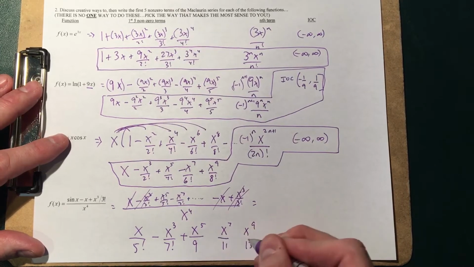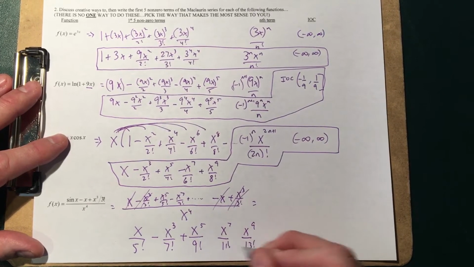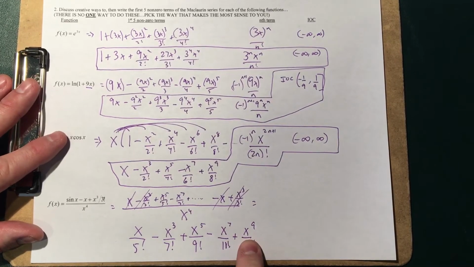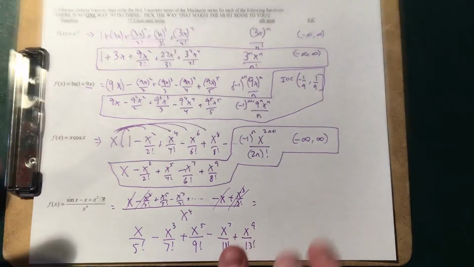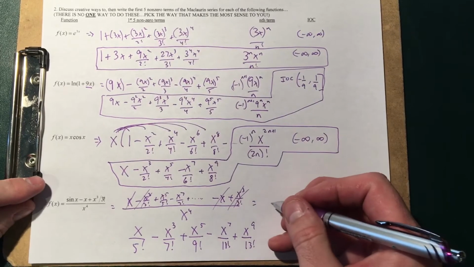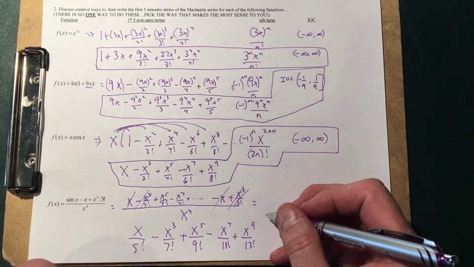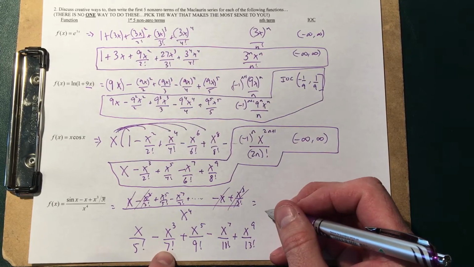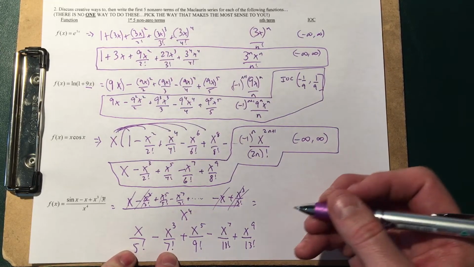That was kind of cute. Minus, plus. Okay, I think we're okay. So now, I think the bottom we're just going to call 2n plus 1.